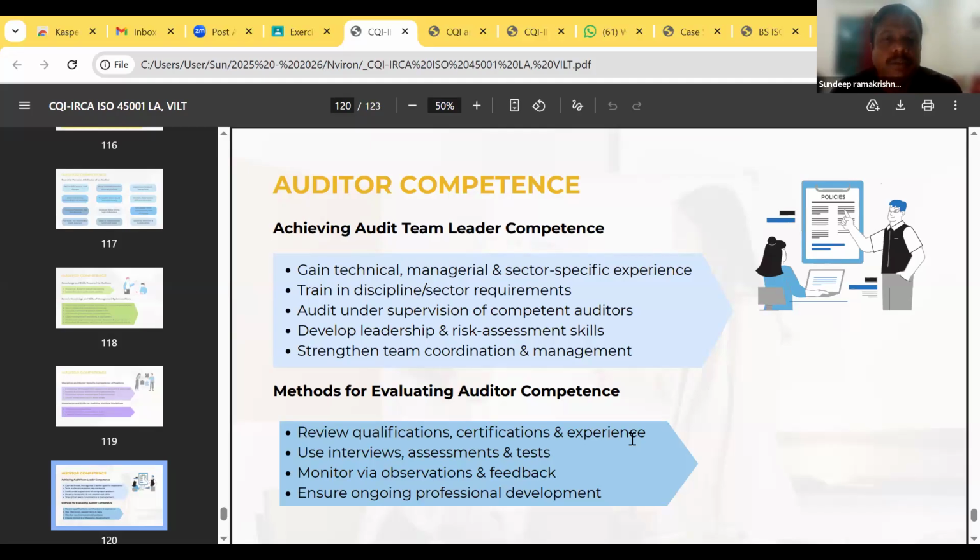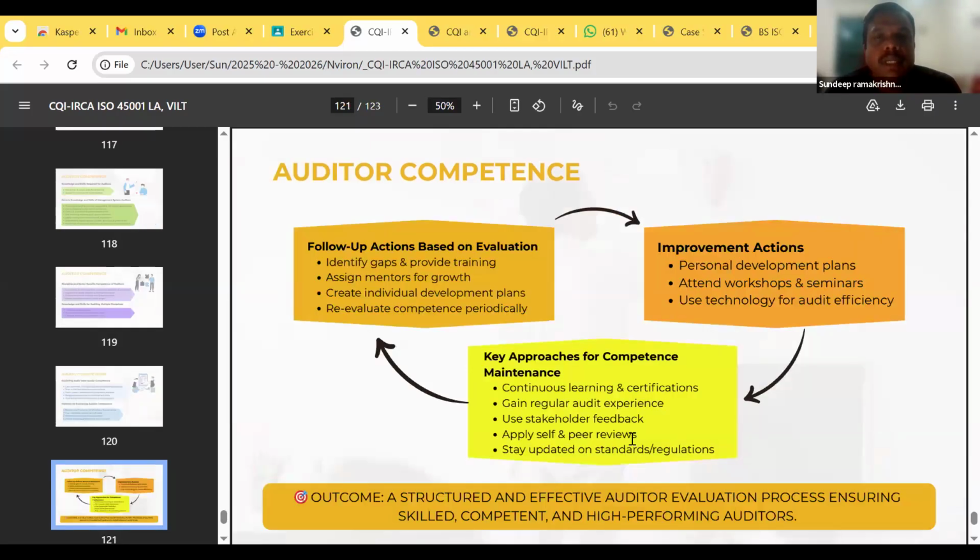So the methods used for evaluating auditor competence: certification bodies will review qualifications, certifications, and experience, use interview assessments and tests, and monitor observations via feedback, and ensure ongoing professional development. So, this continuous professional development is a requirement for all auditors. Only then will you keep up with emerging trends, right?